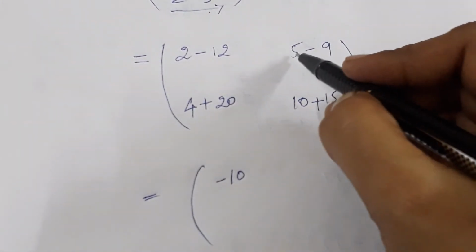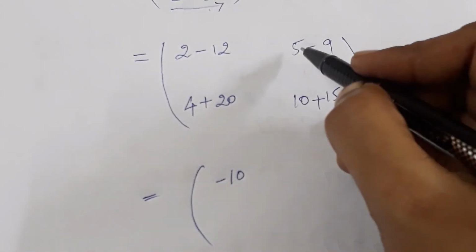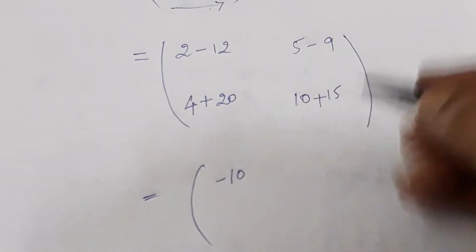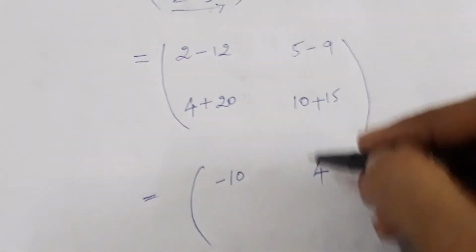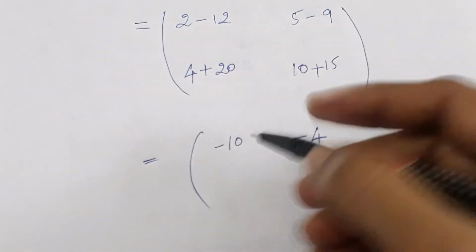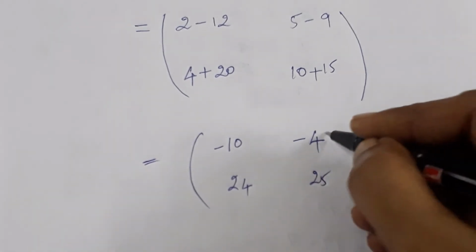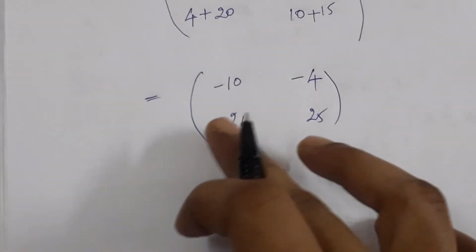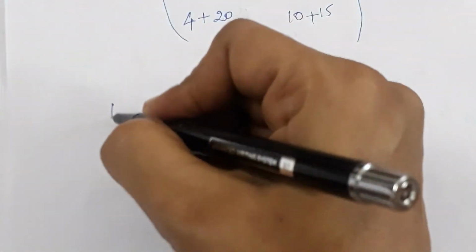Then 5 minus 9: subtract 5 from 9, which is 4. The greater number is 9, so put its sign: minus 4. Here 20 plus 4 is 24. 10 plus 15 is 25. This is our product matrix BA.